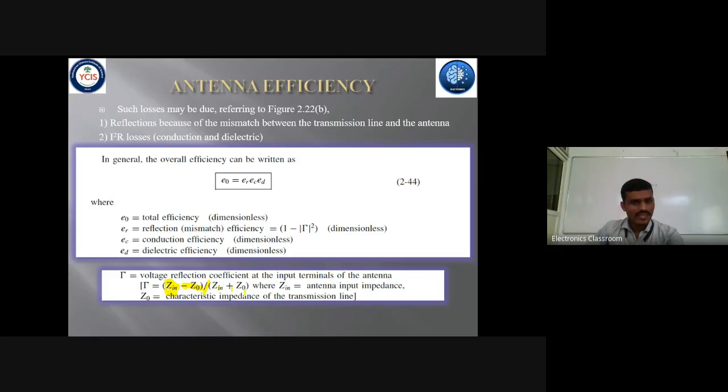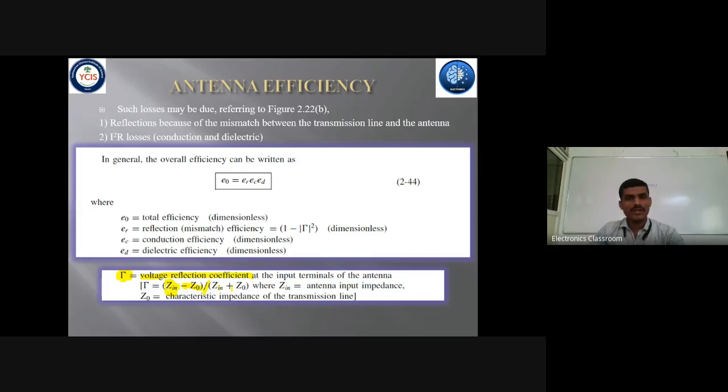Is that clear? Input impedance minus characteristic impedance divided by input impedance plus characteristic impedance. And by using this ratio, we can calculate your, what is this? Tau. And it is called the voltage reflection coefficient.